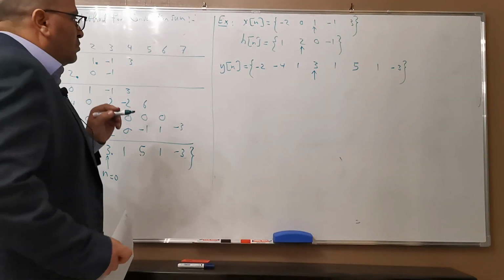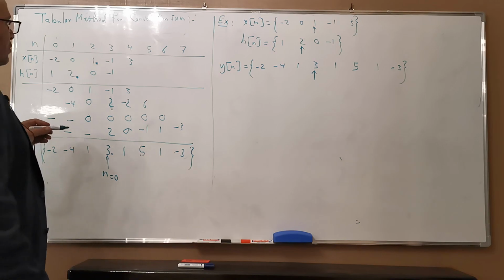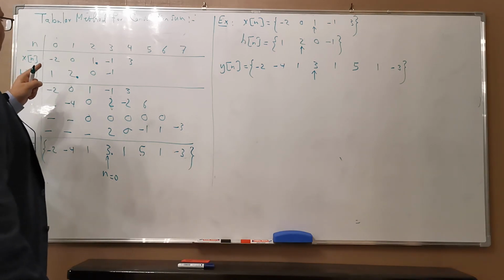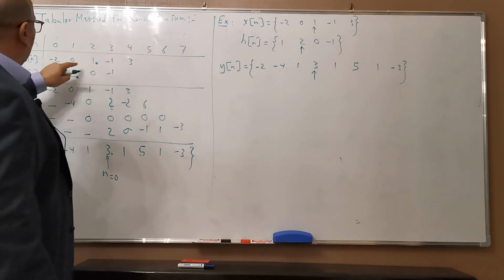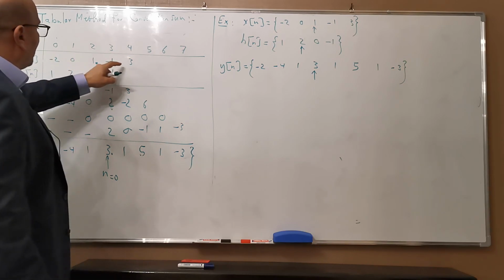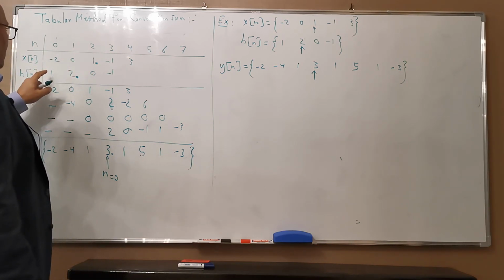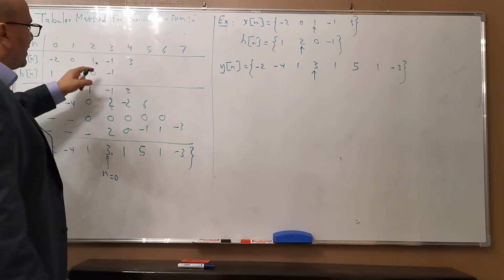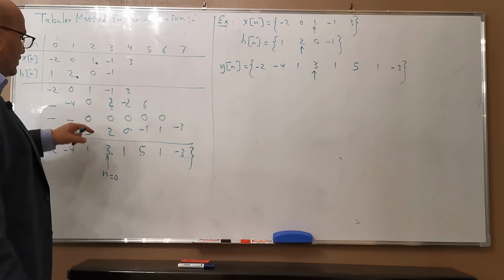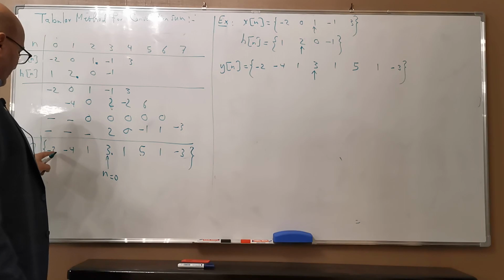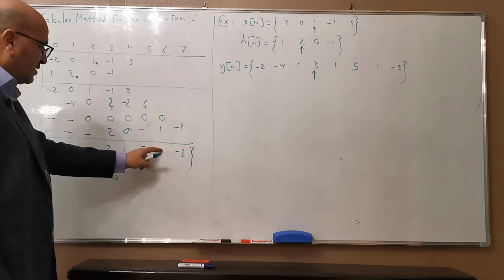One more remark here. The first remark that we made is that if you have a sequence with 5 elements and a sequence with 4 elements, you end up with 8 elements. 1, 2, 3, 4, 5, 6, 7, 8.